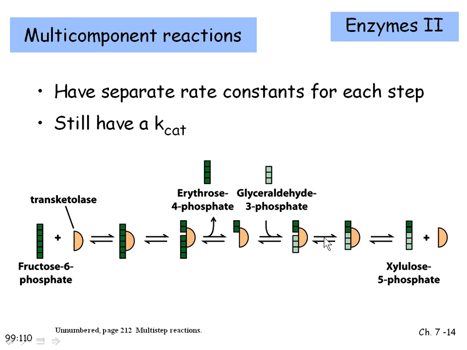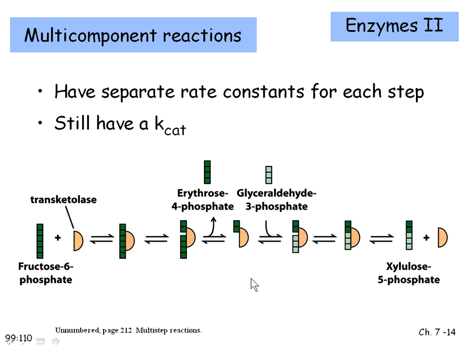That again has a forward and back reaction. The 2 plus 3 complex has a forward and back reaction. And this enzyme substrate complex can either go forward and release the xylulose or go back and break it into 2 pieces again.